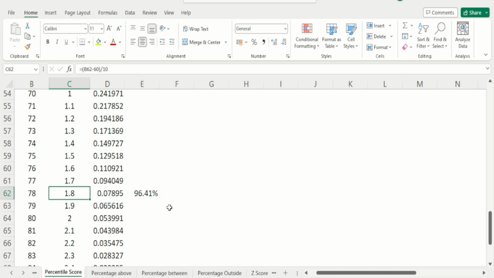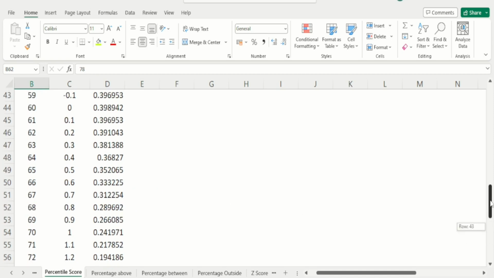The other way of looking at this is that 96.41% of the data points in this normal data distribution would lie to the left of the score, which is 78. Now let's look at this visually to understand this better.